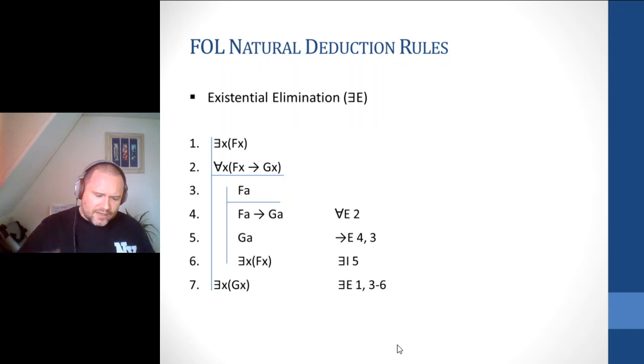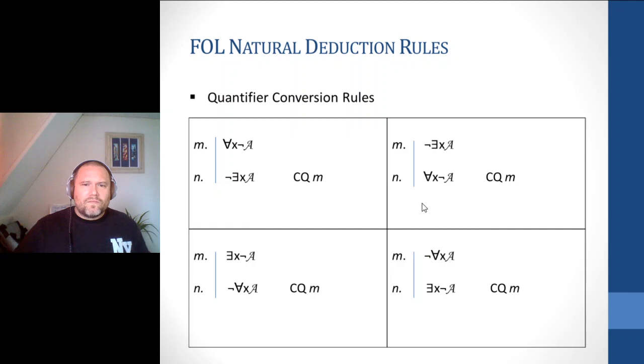If we really get universal introduction and elimination and existential introduction and elimination, you've pretty much got FOL natural deduction nailed. There are a few more rules, and we'll go through them quickly. So, the other big block of rules, and these actually are fairly straightforward, are the quantifier conversion rules. The quantifier conversion rules allow us to take certain kinds of sentences and flip them to other formats.